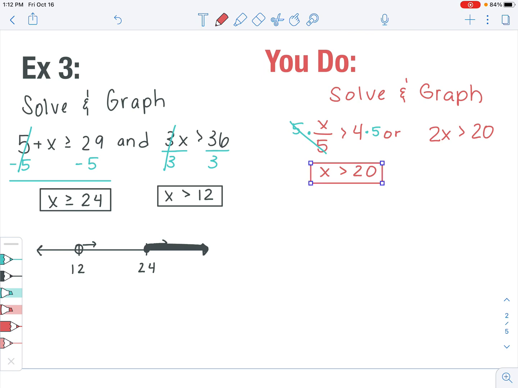X is all by itself, so that piece is done. And now I'm going to solve the second part. I've got to divide by 2, divide by 2. When I do that, I get x is greater than 10.